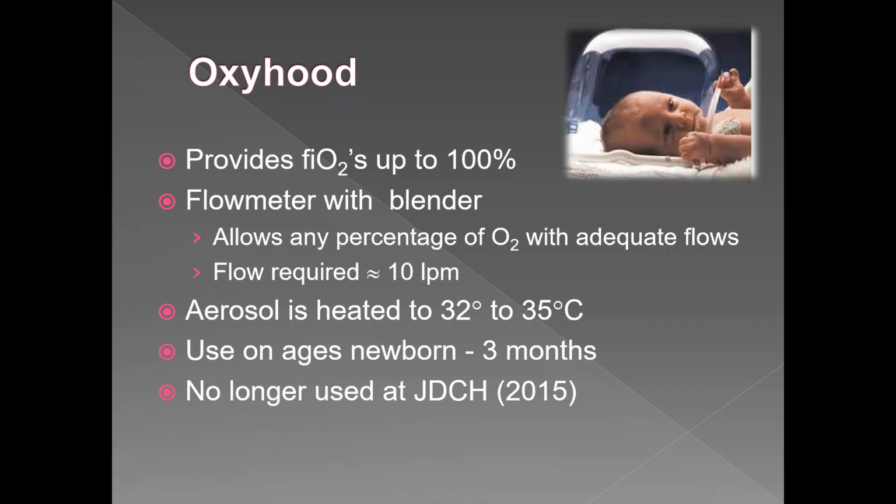Couldn't we do that by attaching to the flow meter and just adjusting the flow? So they can get pure oxygen, we need it mixed with air. Okay, so we can control the FiO2 on the blender and still give adequate flow. So it's not like we have to reduce the flow so we don't give too much oxygen. We could give a lot of flow at a specific percentage of oxygen.